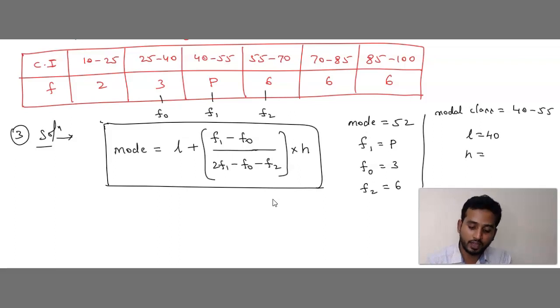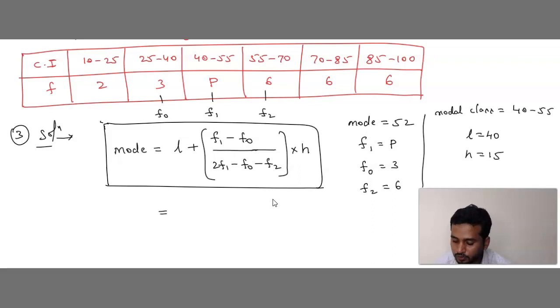It's nothing but 15. 25 minus 10 is nothing but 15. That is the value of H. Is this clear?